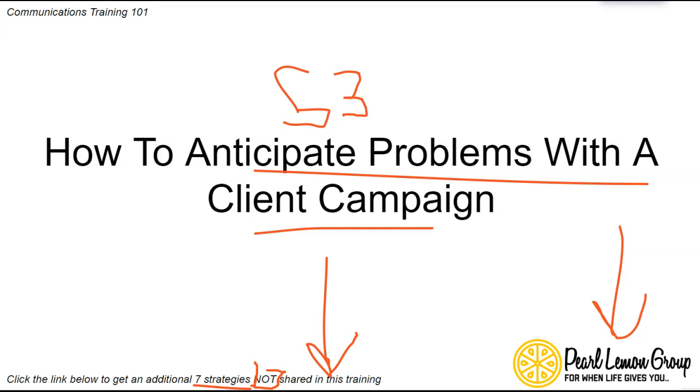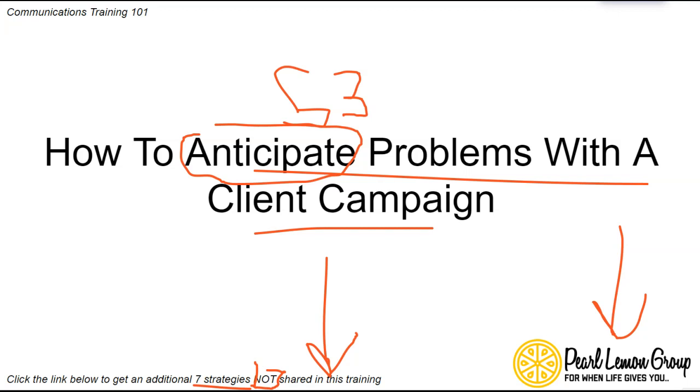So look, fundamentally, you're going to have campaigns that have problems, okay? It happens. And the biggest thing that you can do to get ahead of the problems is to anticipate what the problems are. So there's a couple of things that I think you as a client relationship manager need to be cognizant of.